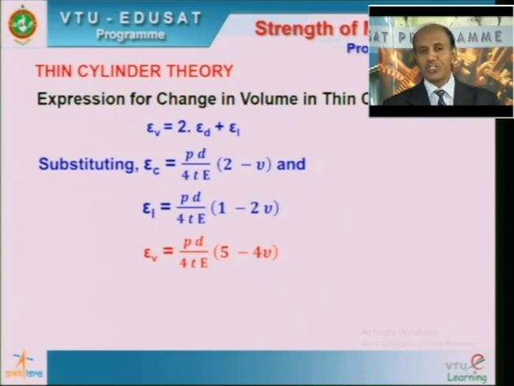Now we are talking about change in volume. So we equate the volumetric strain as delta V by V, that is change in volume by initial volume in this case. Since you know epsilon V, you can always calculate the delta V. I am going to just move on to the board.